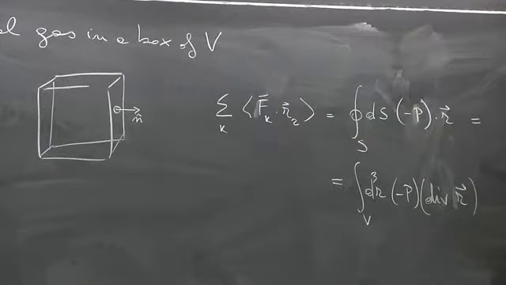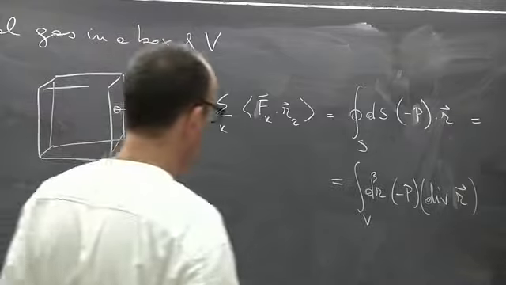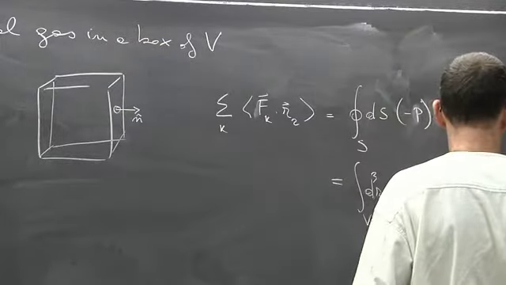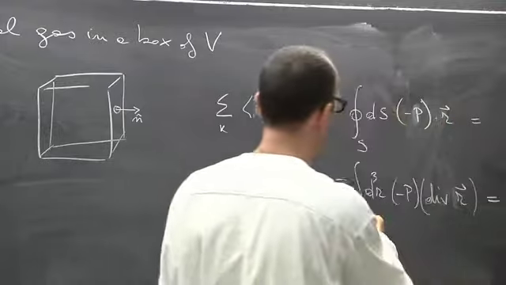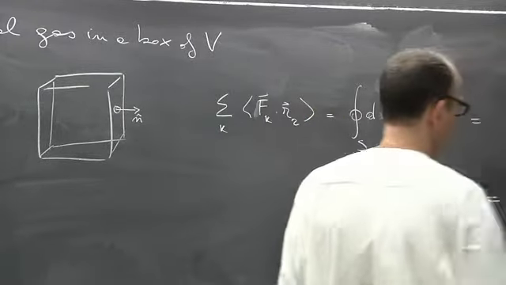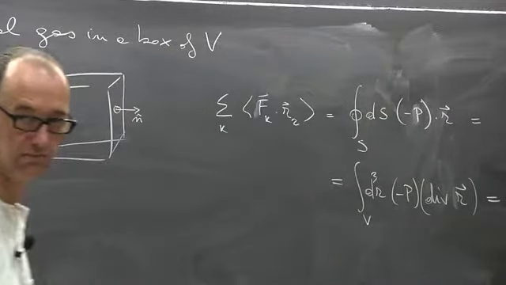The divergence of r is equal to 3, the derivative of x with respect to x, and so on. So this is equal to minus 3 times the pressure, and I'm left with an integral over the whole volume, which gives the volume.